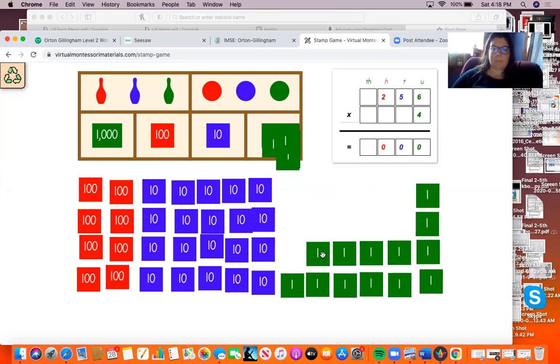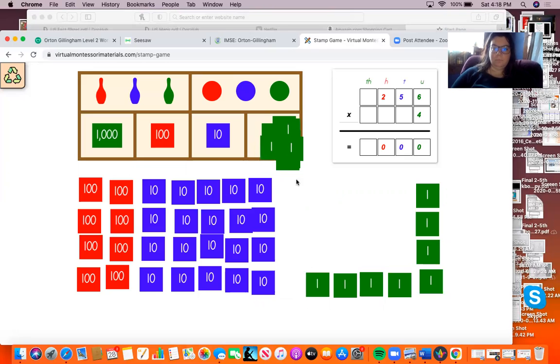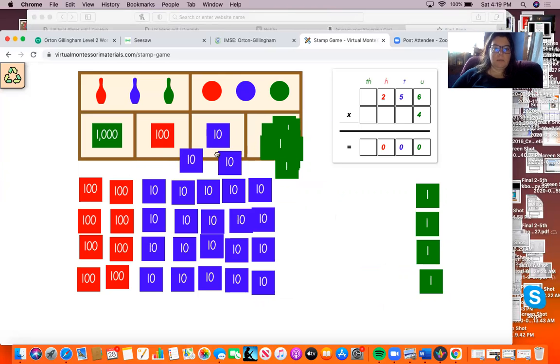This takes a minute. Okay, so now we're going to get out 20. There we go. And if you want it on your paper, you could write a 2 up here above the 10s because we know that we regrouped that.